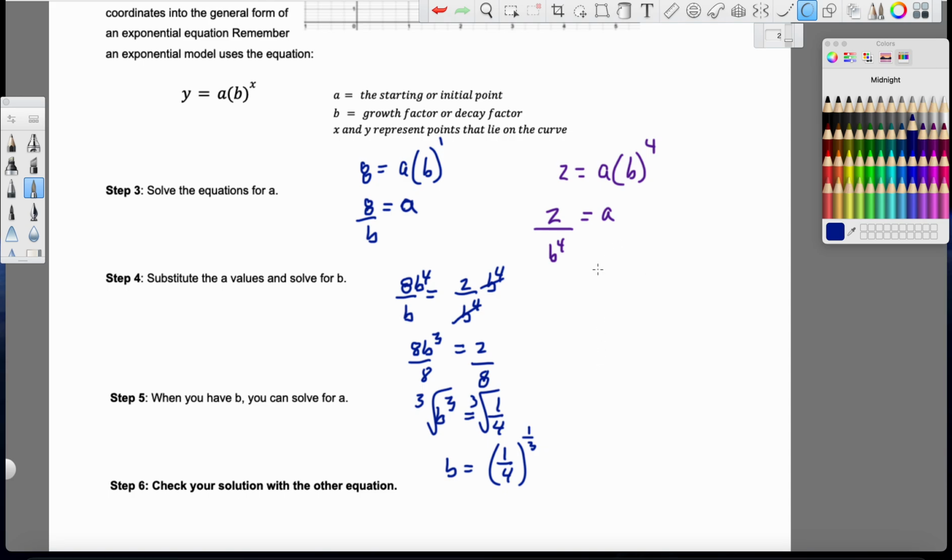Okay, so now let's put that in for this b here. So I got 8 over 1/4 to the 1/3 equals a.